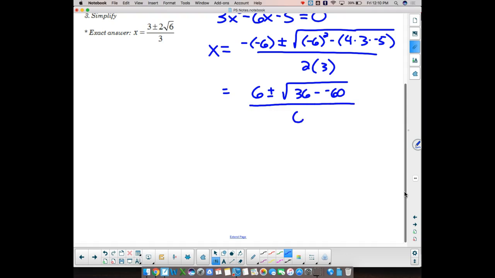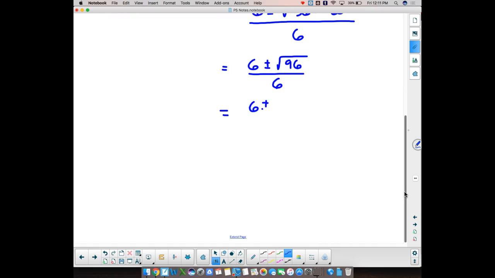Now, you probably wrote that as 6 plus or minus the square root of 36 minus negative 60, all over 6, which is 6 plus or minus the square root of 96 all over 6.